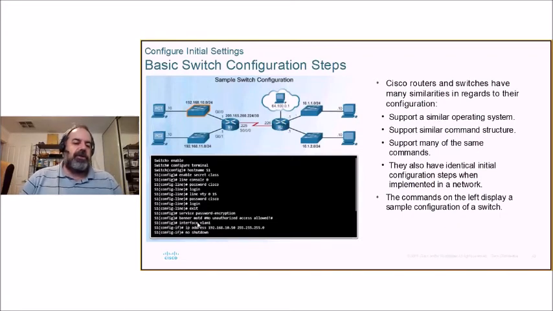A switch is not actually a layer 3 device. If you set an IP address, that is typically only for remote management reasons. But a router is the boundary between networks, so each interface on a router needs to have its own separate IP address, and that's certainly where they differ. Configuring ports is different between a switch and a router because the ports do different things.